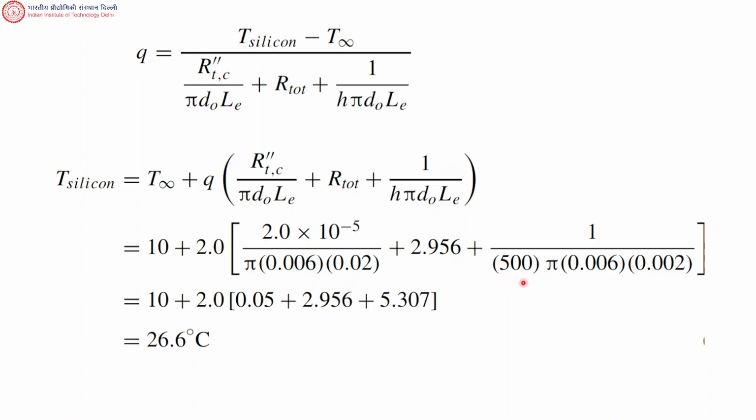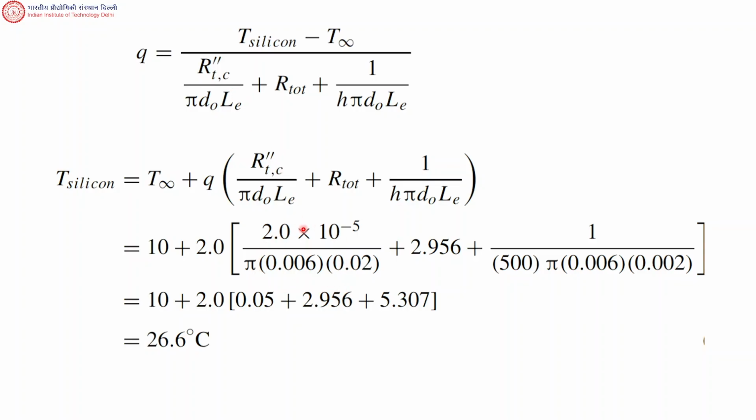I think there's an external liquid, and for that the heat transfer coefficient was mentioned as 500. Okay, so this is H. So this can be calculated, and this is the contact resistance that we are talking about between the silicon casing and the heat pipe.